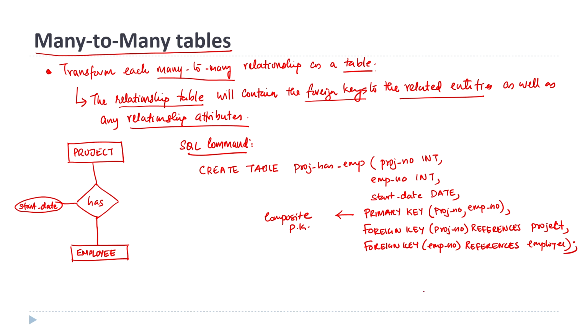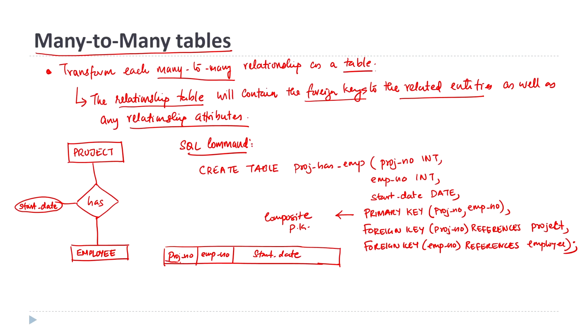So, what we are saying is the primary key in this regard is, if I create a schema table, I will have project number, I have another one called as emp number, and then I have start date.